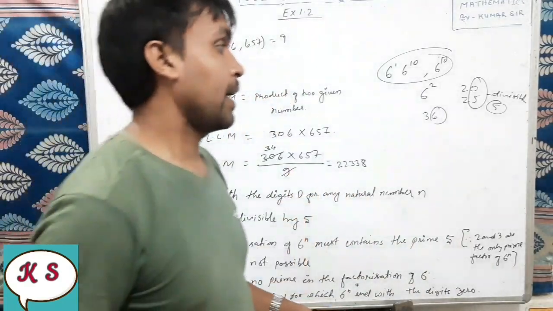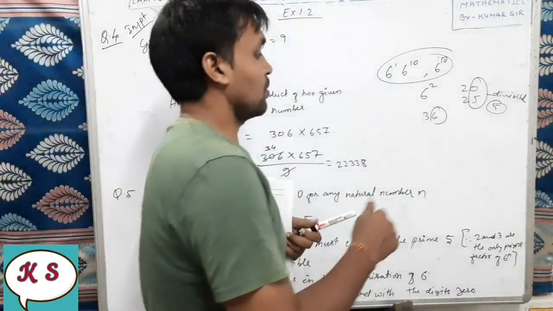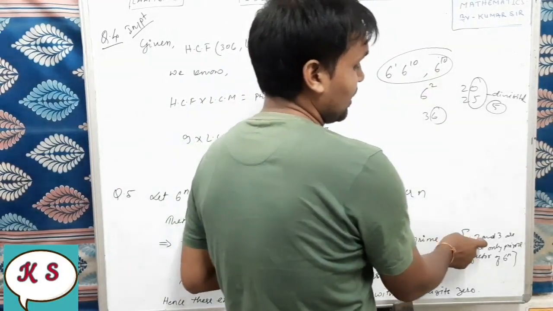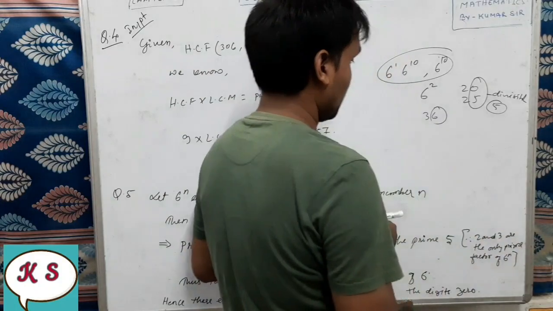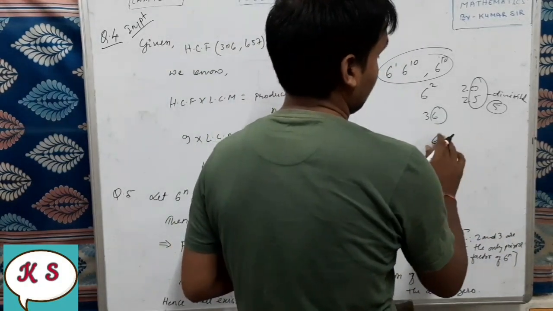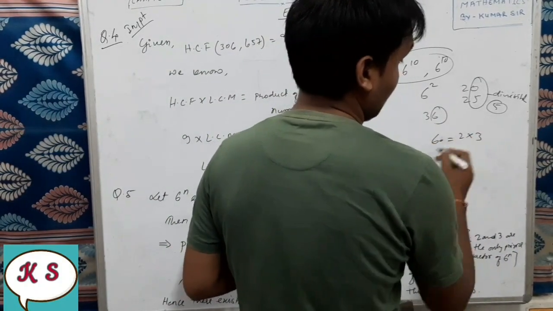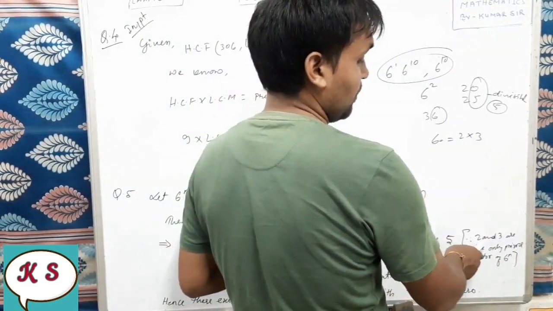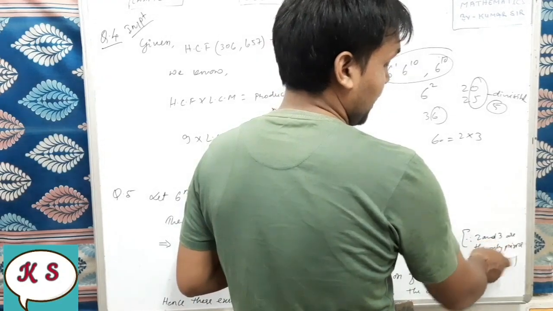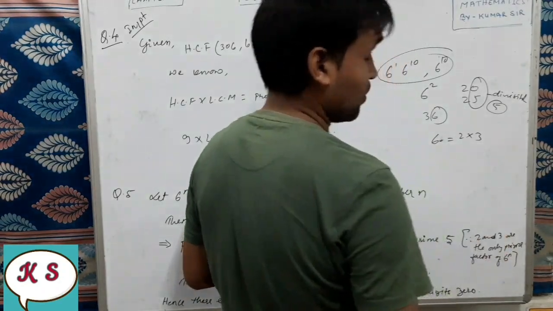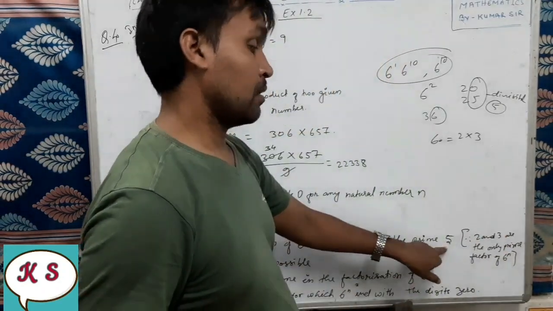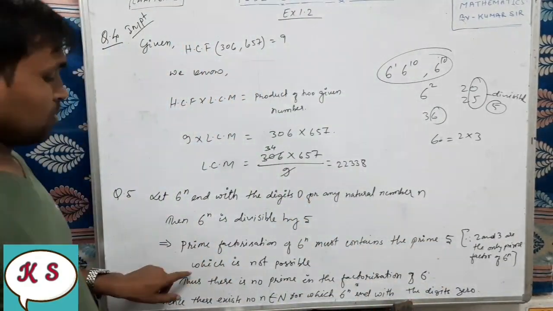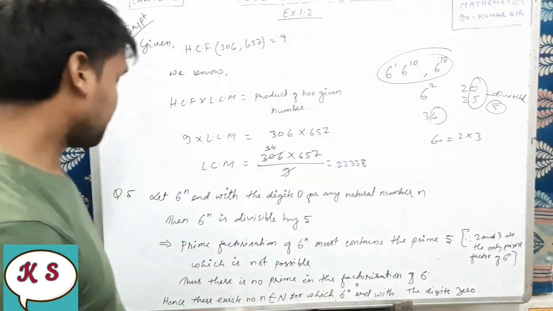But we know that 6 has the prime factors 2 and 3, because if you prime factorize 6, you get 2 into 3, or not? Therefore, since 2 and 3 are the only prime factors of 6 to the power n, but here we are assuming prime factor 5, which is not possible.